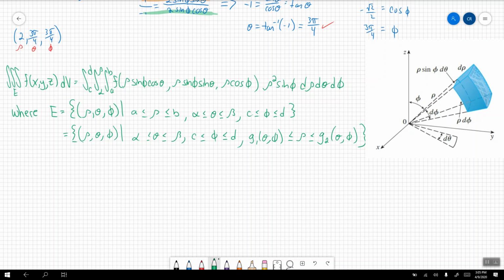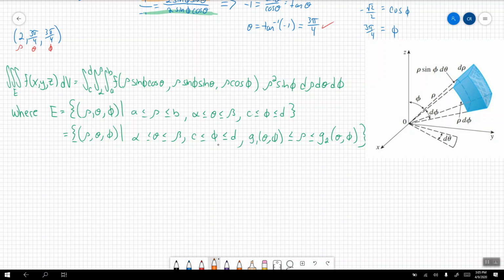When we do this, we have to identify what our phi is traversing through. We could possibly have two different phi values that we traverse through, and we have to be aware of that.